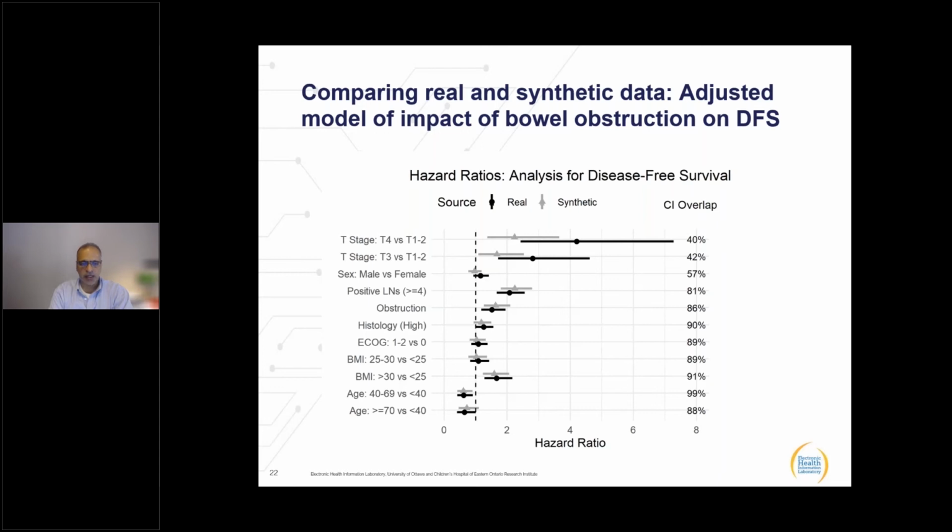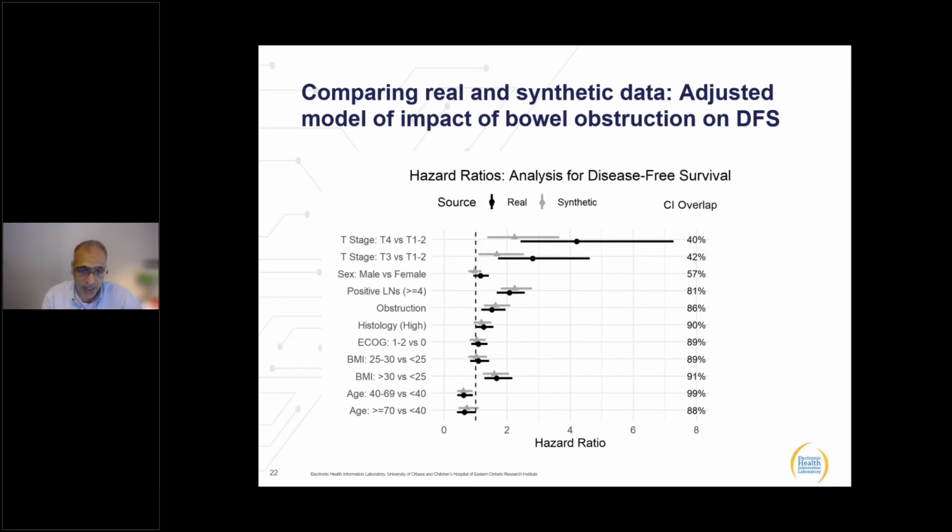As we can see, the parameter estimates and the 95% confidence interval for obstruction, which was really the main objective, the adjusted estimate of the impact of obstruction, are very close to each other from a confidence interval perspective, with high overlap, plus the parameter estimates as well.